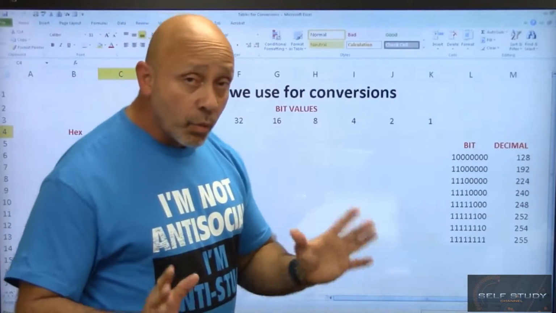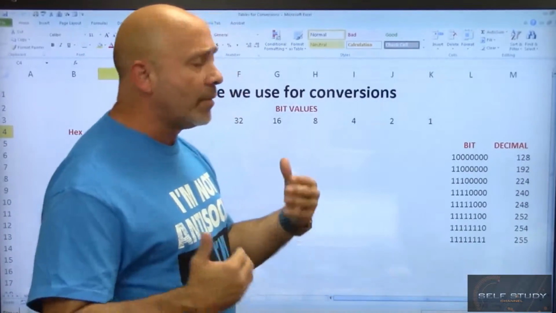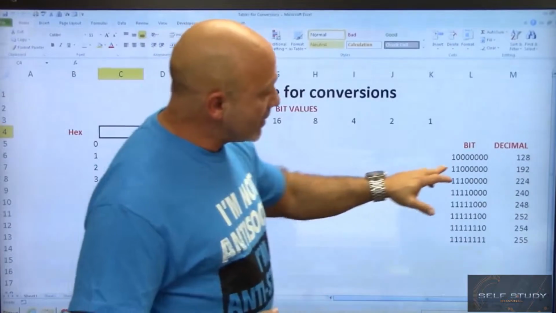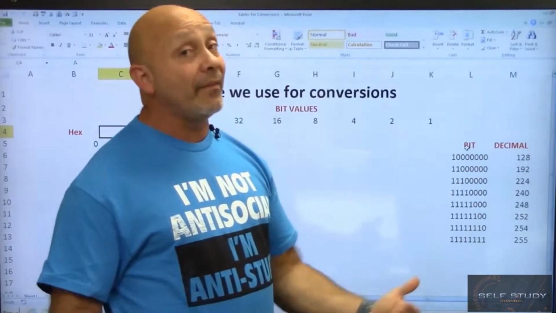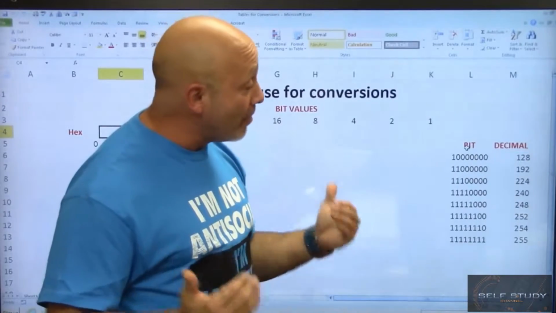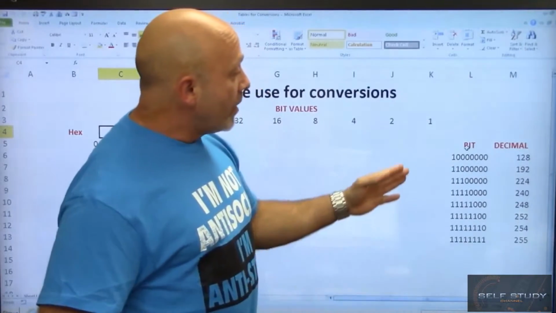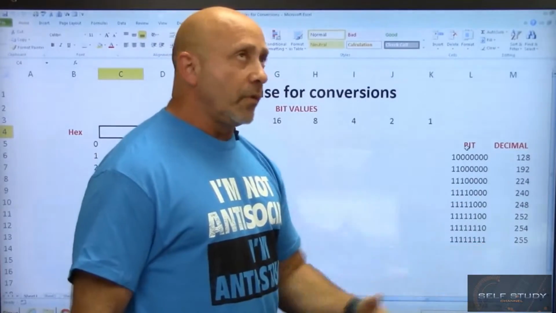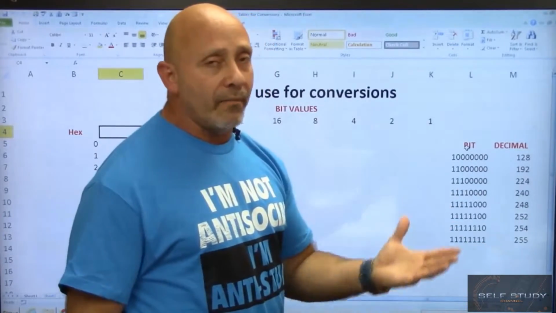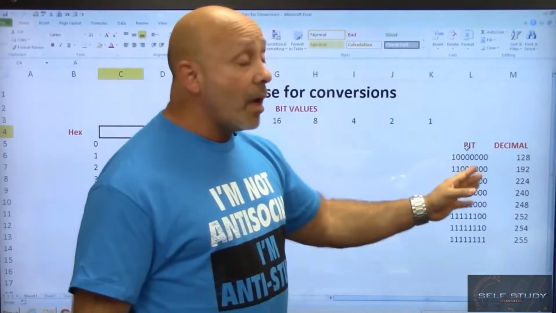One of the things that you really need to not pay attention to, but memorize, is this table right here. I tell everyone this bit to decimal table is a lifesaver, okay? This is a tremendous lifesaver, because when somebody gives you a CIDR notation, CIDR 24, CIDR 20, whatever it is, this will let you know how many bits in.